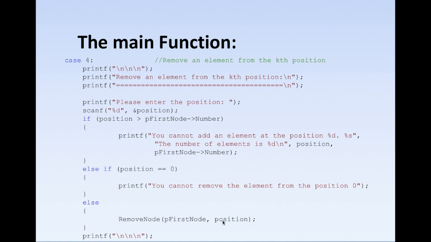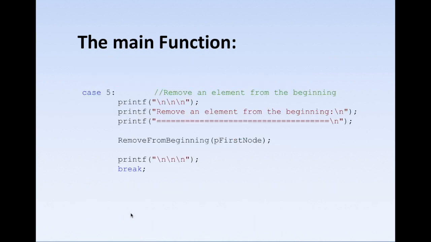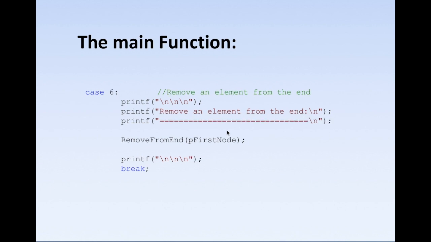So we're removing the node from the linked list at position, and of course remove node we have implemented earlier. Remove an element at the beginning will remove this element without any input from the user, because it simply removes node 1.